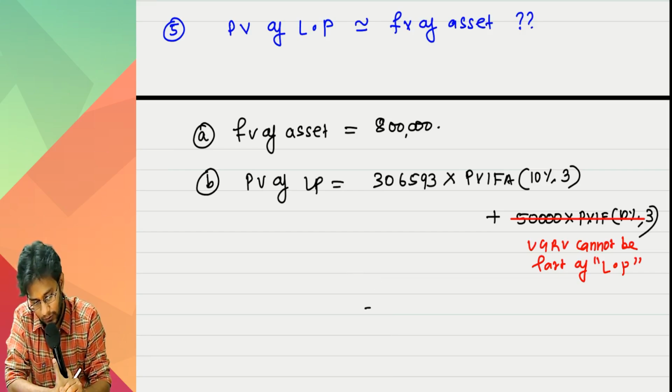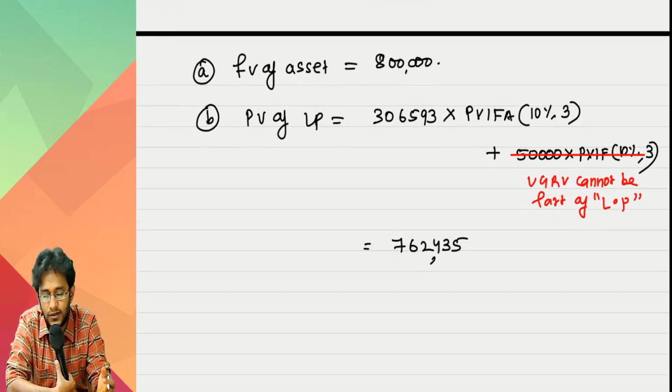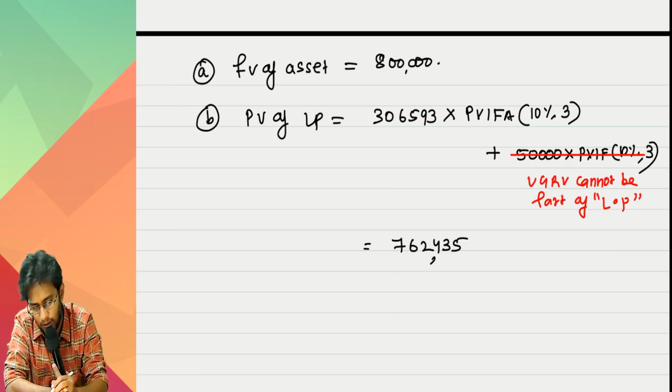Tell me the final number. 762,435. Now go and check if this 762,435 is substantially equal to 8 lakhs or not. Very clearly, it is apparently visible.